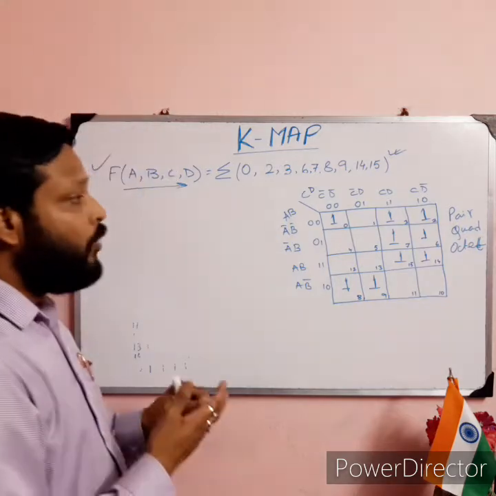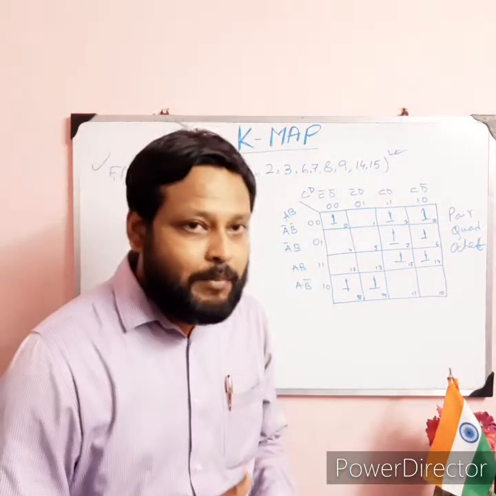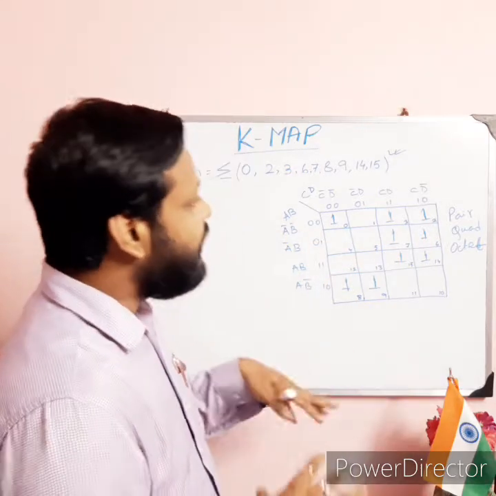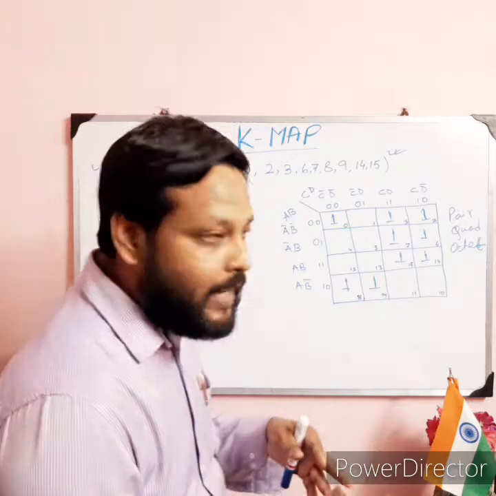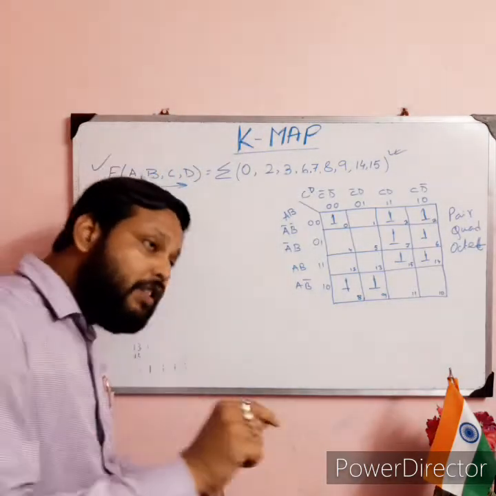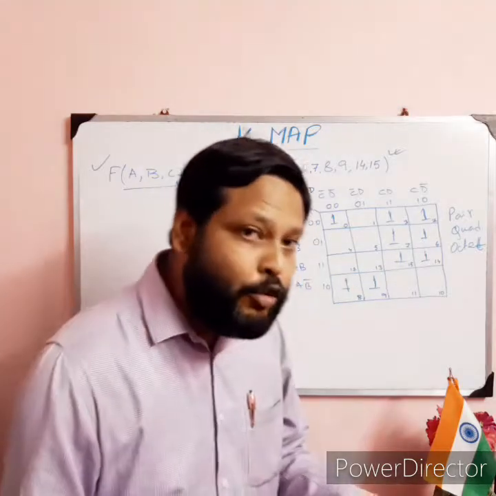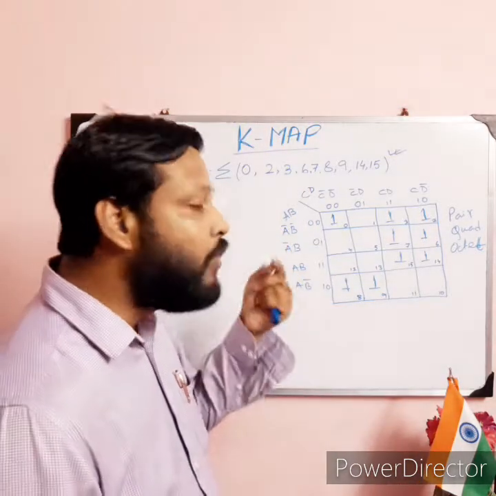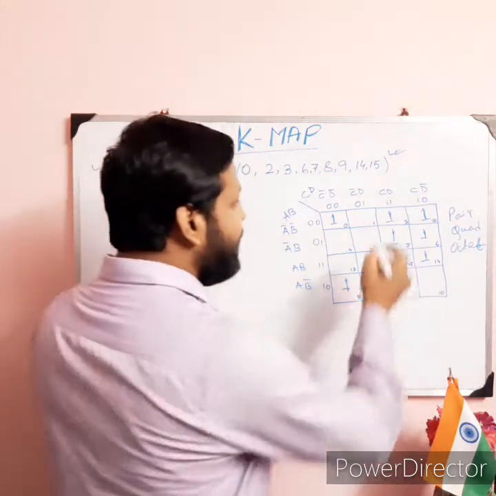Second one, we need to try to avoid redundancy. Redundancy means try to avoid using a term more than one time. We'll use redundancy only if we are able to create the higher group, then we'll use one term more than one time.